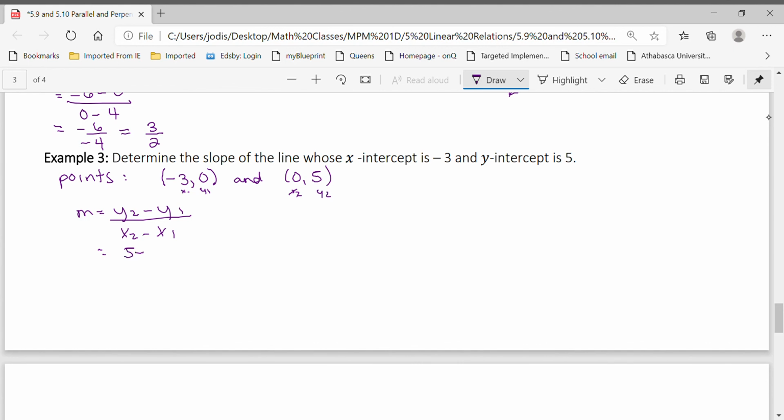So 5 minus 0 over 0 minus negative 3. So this is 5 over, negative and negative make a positive, so 5 over 3. We were just determining the slope, so the slope equals 5 over 3. If we really wanted to, we could write the equation of the line, because we know the slope and we know the y-intercept.